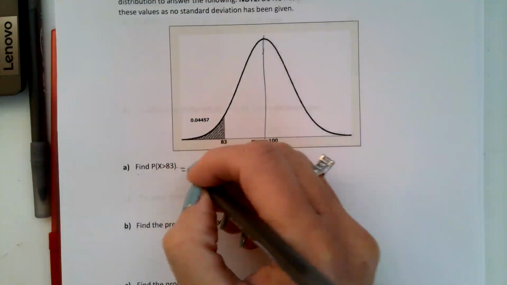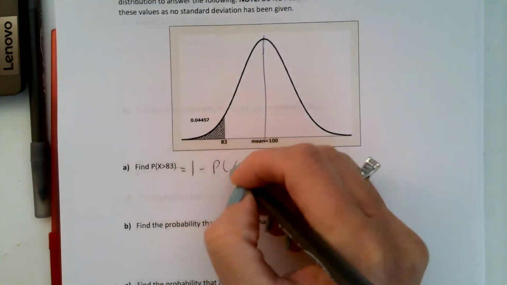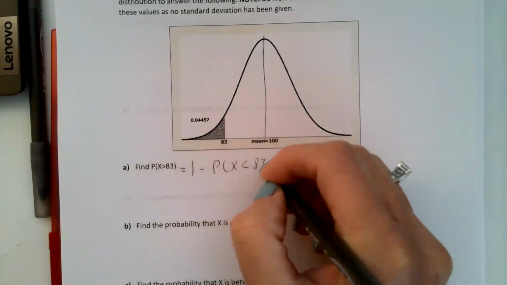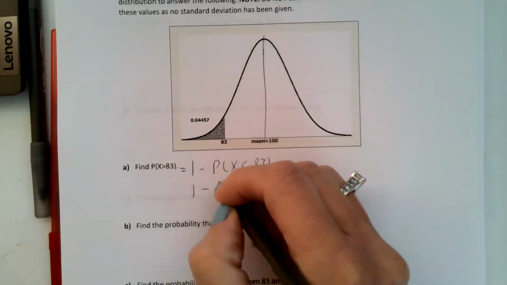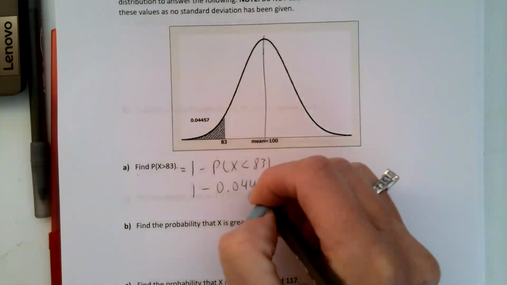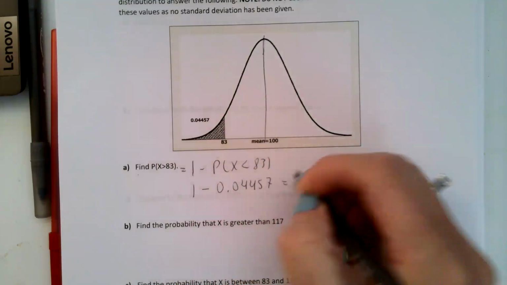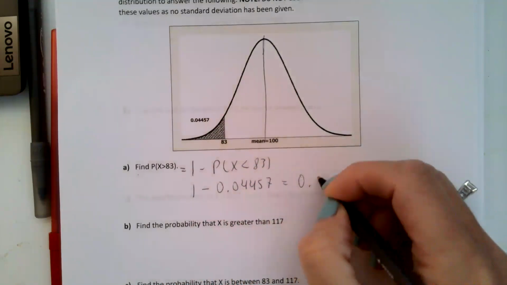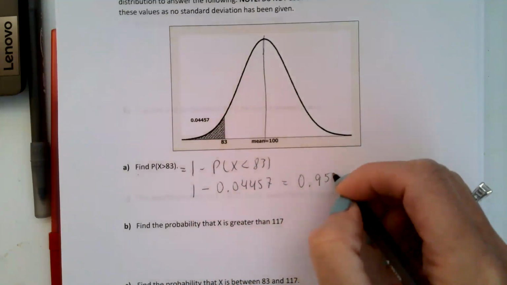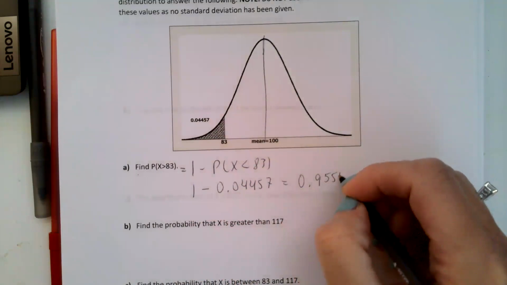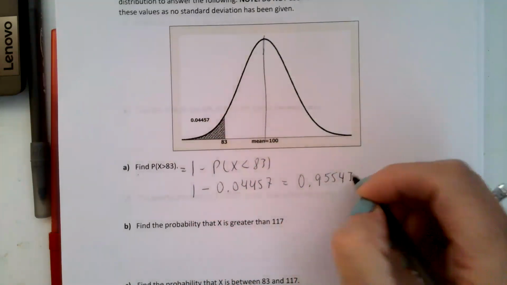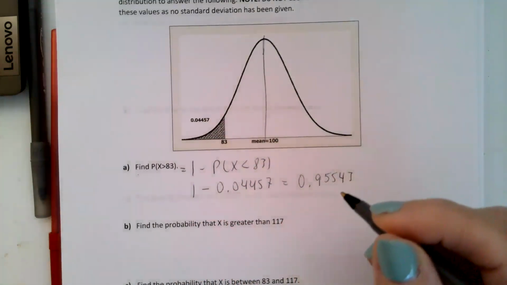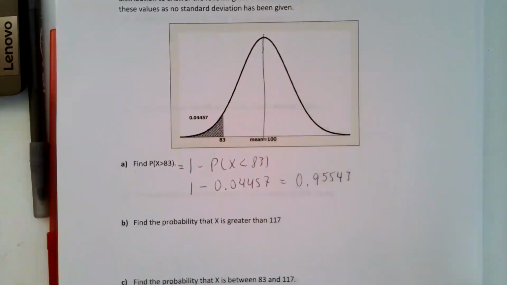So this is going to be equal to 1 minus the probability that X is less than 83, which is 1 minus 0.04457. And that should be equal to 0.95543, if I subtracted correctly.